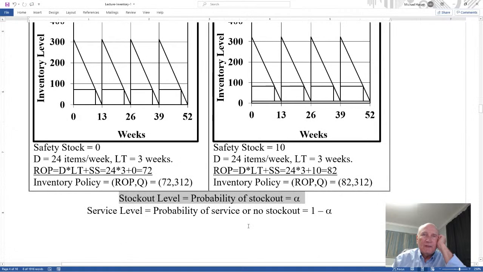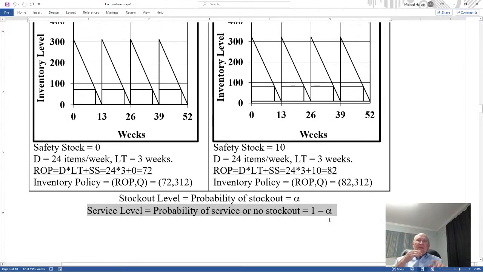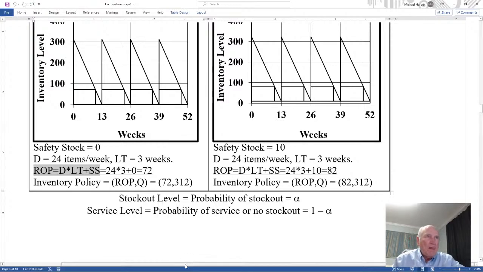And then 1 minus the probability of stock out is called the service level. So remember, the ROP here is directly related to the safety stock. If the safety stock increases, the probability of stock out decreases. So the safety stock and the stock out level are inversely related. But the safety stock and service level are directly related. Hopefully that makes sense.